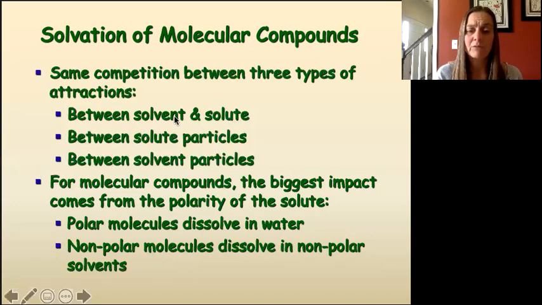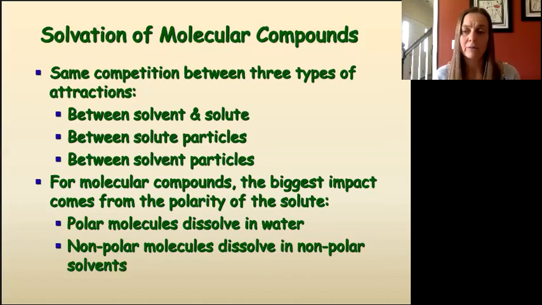If you have a non-polar solute, it's not going to have strong attractions to a polar solvent. When these attractions are similar, so non-polar and non-polar, or polar and polar, then it's going to be more soluble. So that's why like dissolves like.